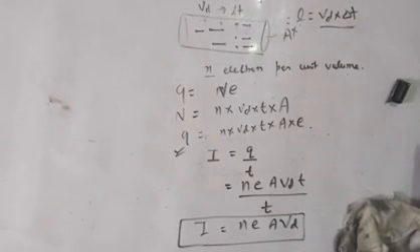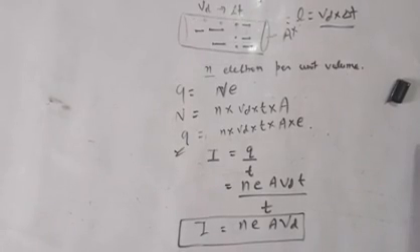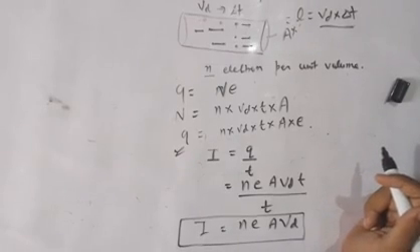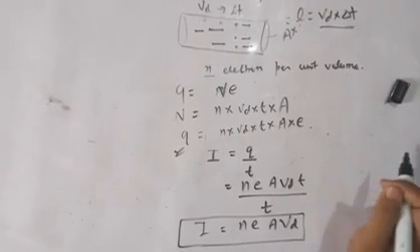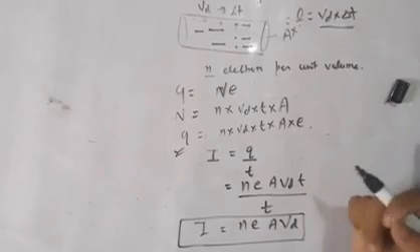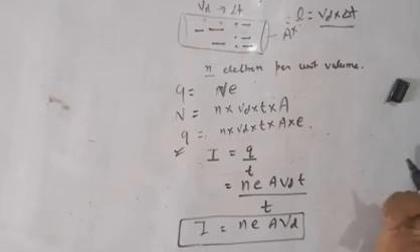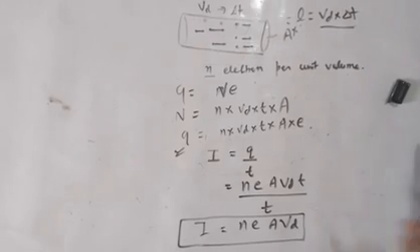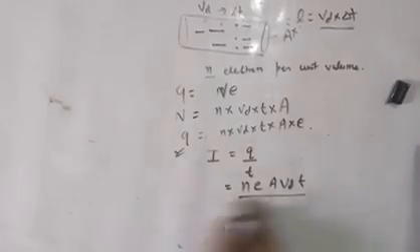Now let us replace the value of Vd in order to prove what conductivity is and why it does not depend on any other factor except the material of the conductor. Okay, so I am erasing it.